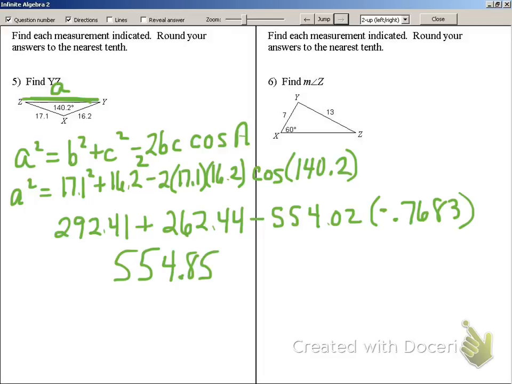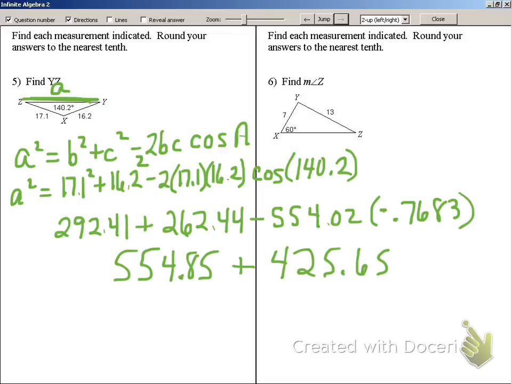Then I have 554.02 times a negative 0.7683, and a negative will be a positive, 425.65.